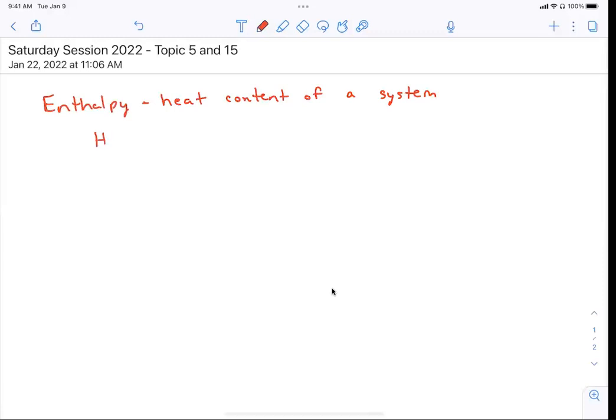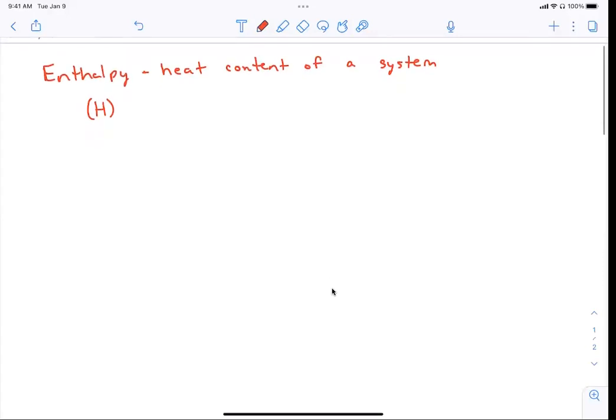Enthalpy is signified by the letter H. Every system has a certain amount of enthalpy stored inside it. Now, we don't care about individual systems of enthalpy.